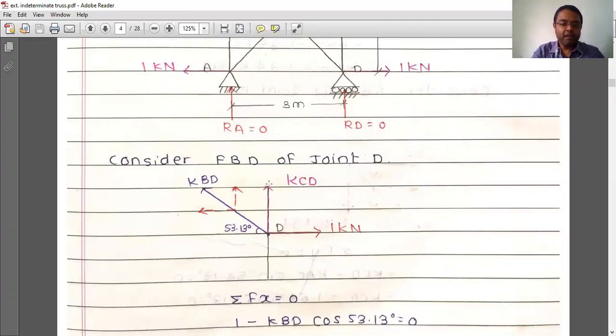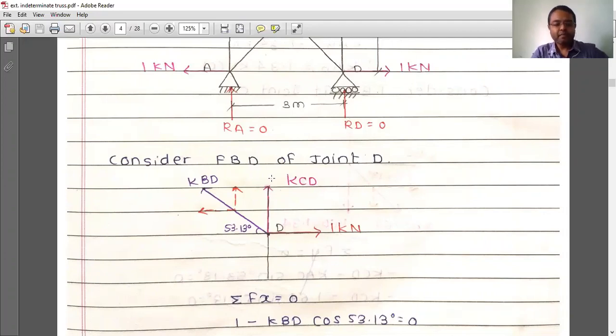These two members are meeting at joint D, and the applied force of 1 Newton is not collinear with any of the two members. That's why here we have to solve joint D.